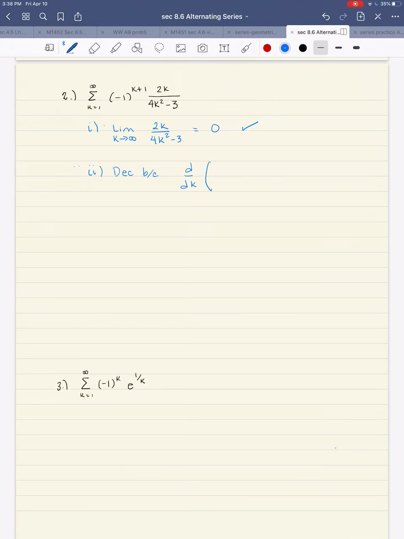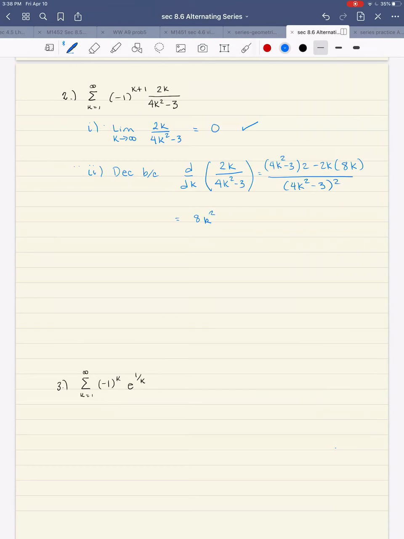The derivative with respect to k of the non-alternating part. We take the bottom times the derivative of the top minus the top times the derivative of the bottom all over the bottom squared.